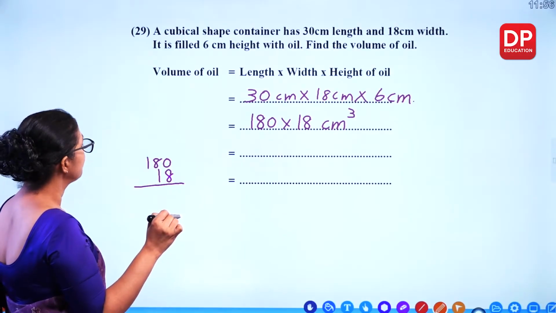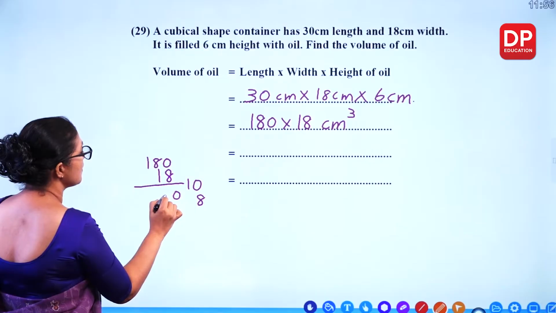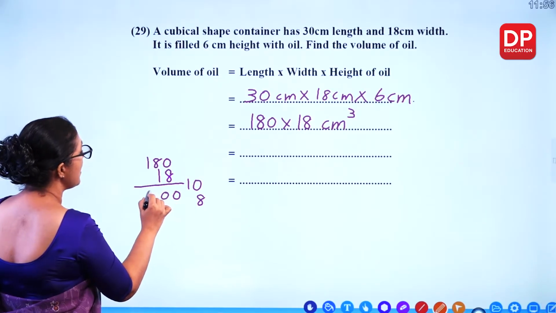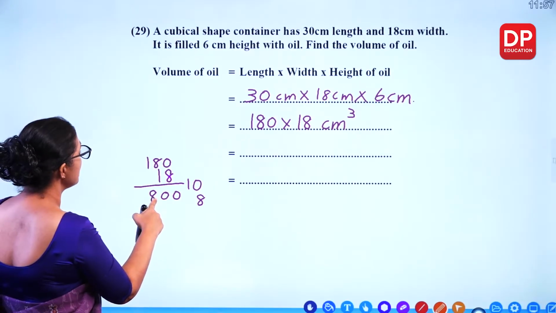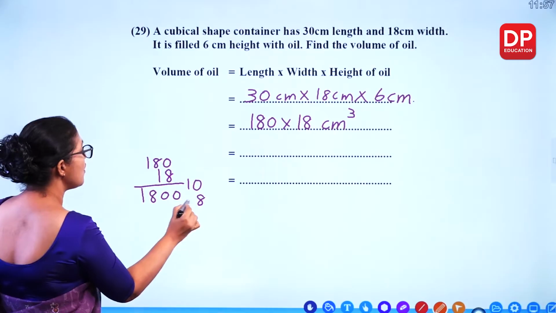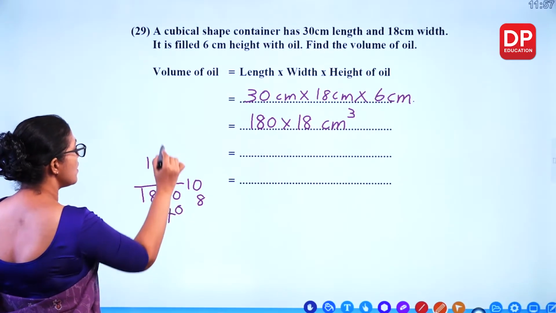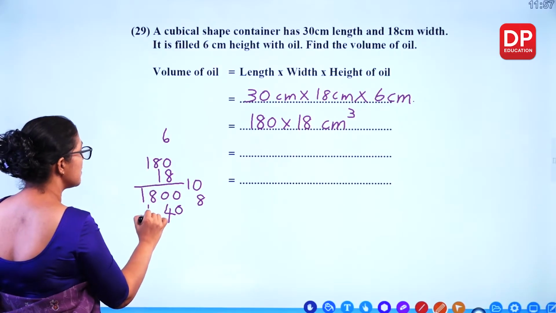What's the value? 10 and 8. Put 0 and multiply by 1. So you get here 1800. 8 times 0, 0. 8 times 8, 64. 6 remaining. 8 times 1, 8 plus 6, 14.